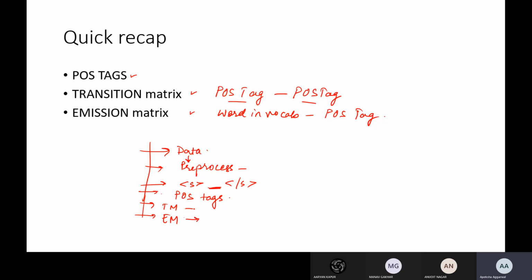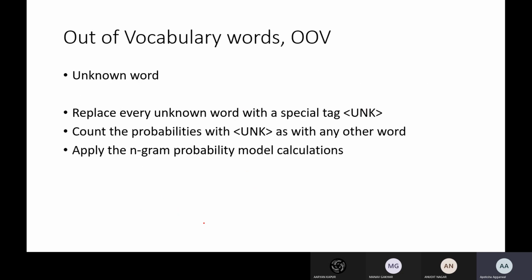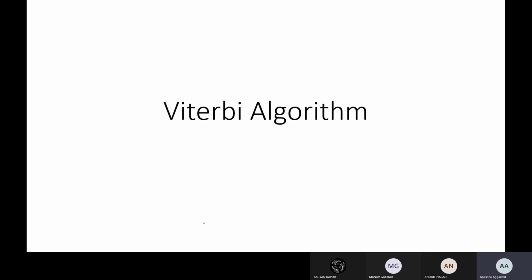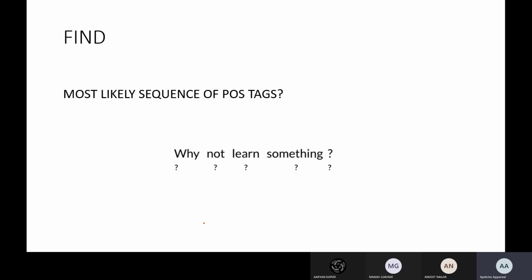Now, after generating these two matrices, what will we do? We'll apply the Viterbi algorithm. Let's see how this works. Basically, we want to generate the most likely sequence of POS tags.